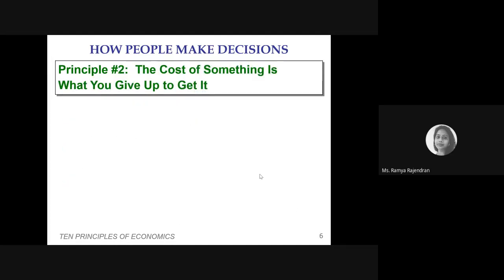The second principle is that the cost of something is what you give up to get it. You always have to give up something to get it. First we saw that we have to make a decision, and when you make a decision, you have to make a trade-off. That's your first principle. The second principle is evaluating the cost of what you are giving up, what you are letting go.